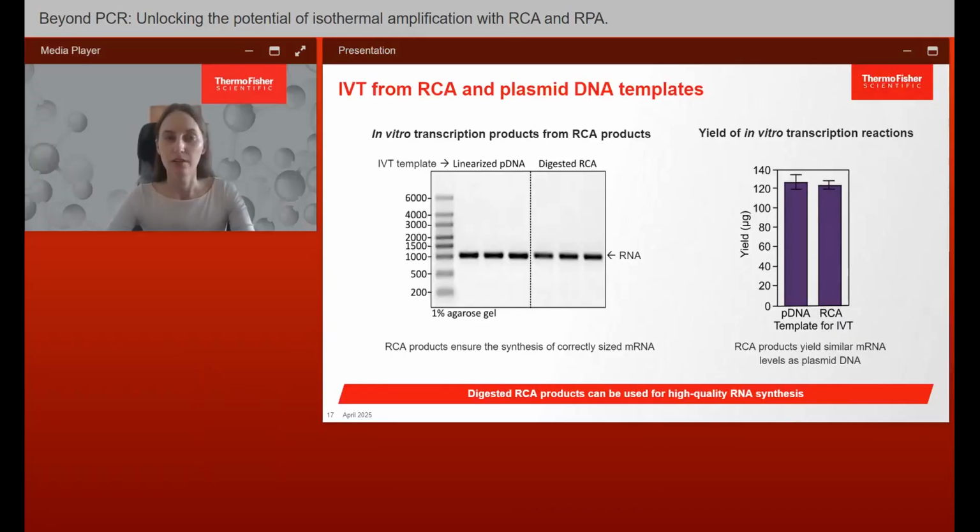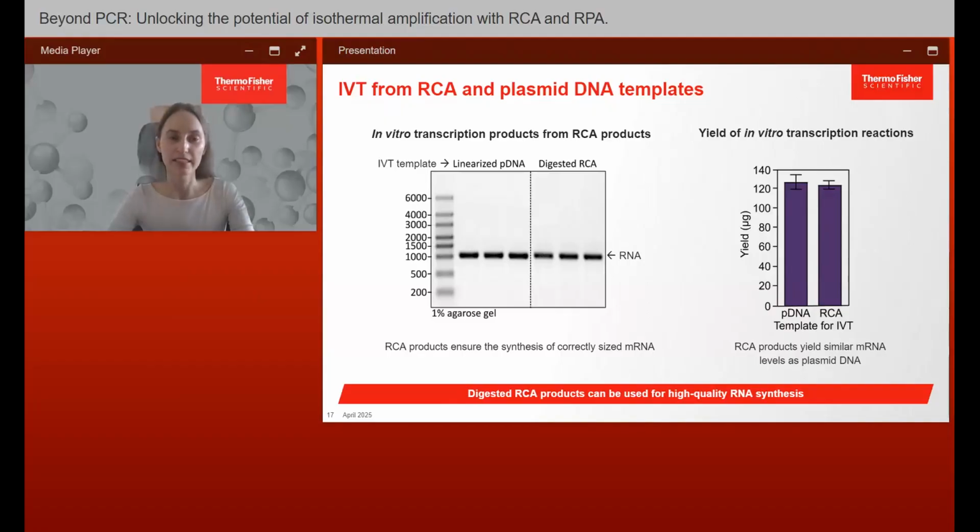The next application of RCA products is in vitro transcription. In the gel image on the left, you can see RNA synthesized from two types of DNA templates: linearized purified plasmid DNA and digested RCA product cut to match linearized plasmid, which encodes about 1 kilobase long messenger RNA.